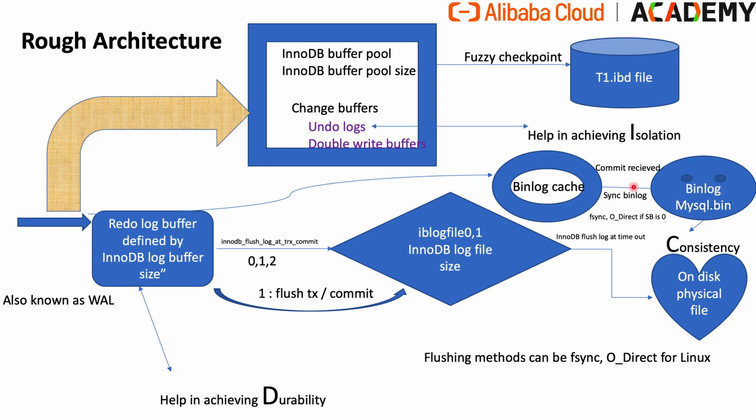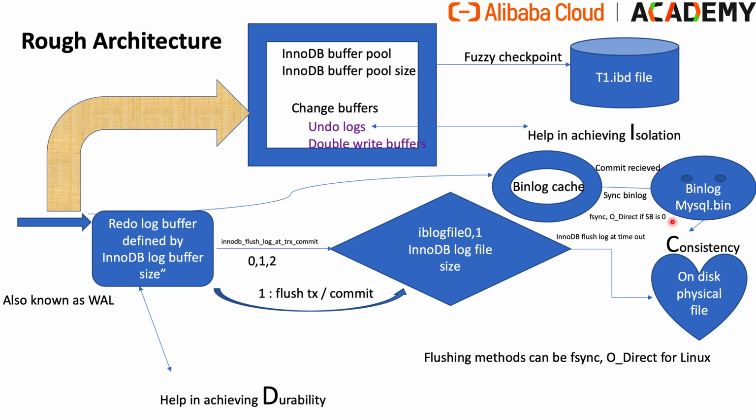Now there is one more point which needs to be discussed. There is the sync_binlog parameter. The sync_binlog parameter tells you whether you want to sync your bin log files or not. So let's say the number of sync binlog groups: if it is 0, then it is disabled.